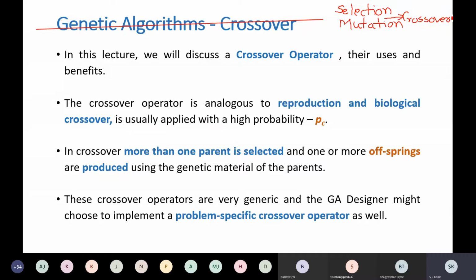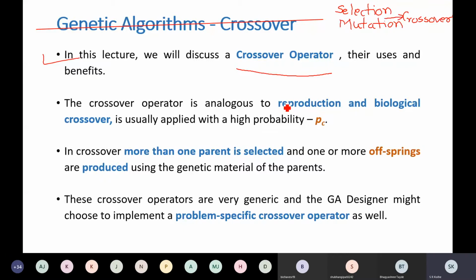Once you select parent chromosomes, the next step is you will have to perform crossover. So there are different crossover operators. The appropriate crossover operator will be used, and the basic mechanism we have seen earlier. So we have to swap the corresponding bits or numbers or genes.